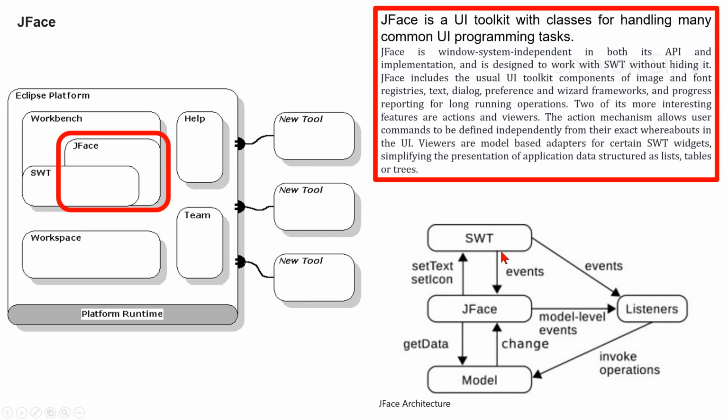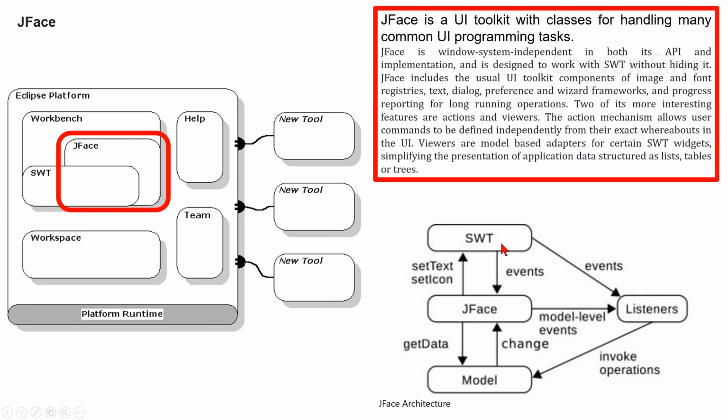Here you can see how SWT interacts with JFace. setText and setIcon are passed from JFace to SWT. Events are passed from SWT to JFace. JFace interacts with the model: get data is passed from JFace to the model, and change is passed from the model to JFace.